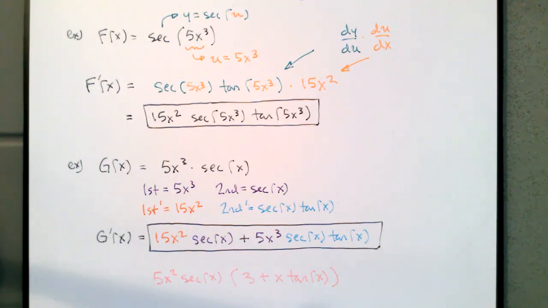I'm not sure if there's a common mnemonic for derivative of secant is secant tangent other than that. I'm not very good at mnemonics. My mnemonic for remembering my trig function ratios is that sine is opposite over hypotenuse, cosine is adjacent over hypotenuse, and tangent is opposite over adjacent.